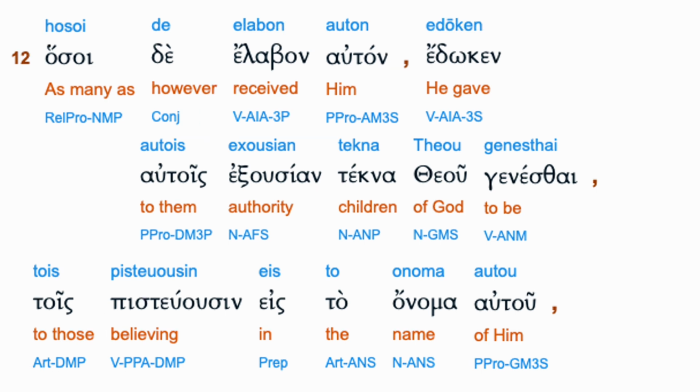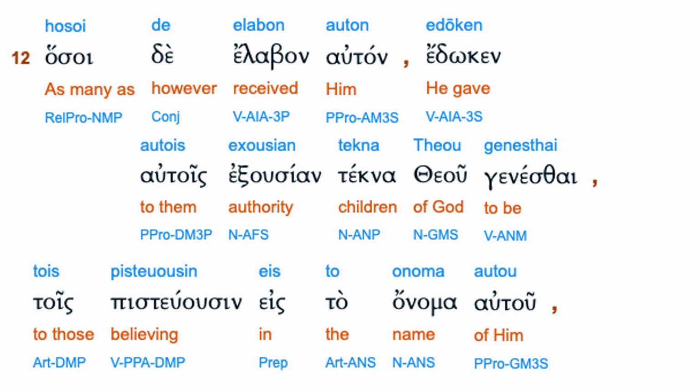So in that last line, the believing is the verb, and the name is the object of the verb happening. So name, onoma, has gone into the accusative.